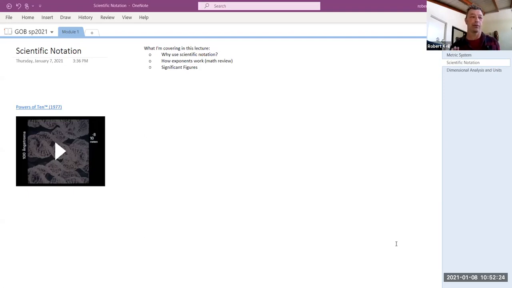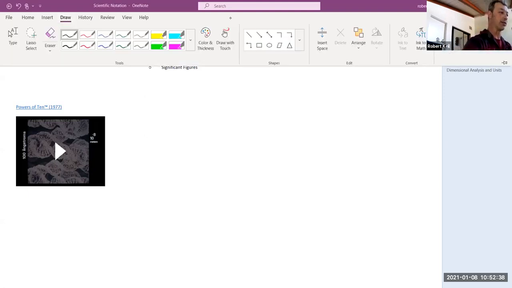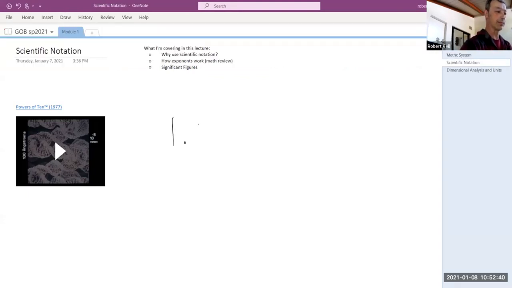But it relates to just what is scientific notation and why do we use it? Scientific notation, not too surprisingly, is for science classes. It means that the numbers always have the same format. It's something times 10 to the minus 2, whatever it happens to be. And then there's always a unit. Put centimeter down here, right?